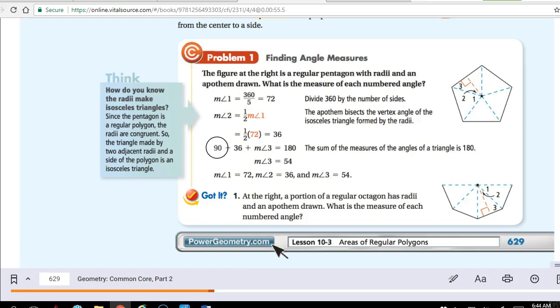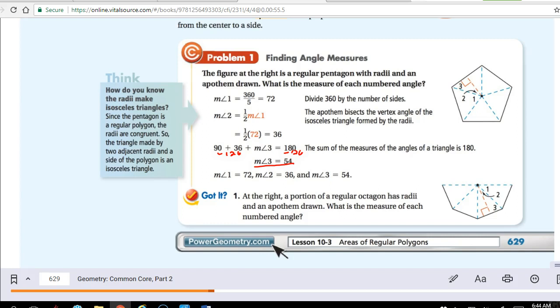So if we add the 90 and the 36 and the measure of angle 3, all 3 should add up to 180. These two together make 126. If I subtract 126 from the 180, I end up with the measure of angle 3 equals 54.